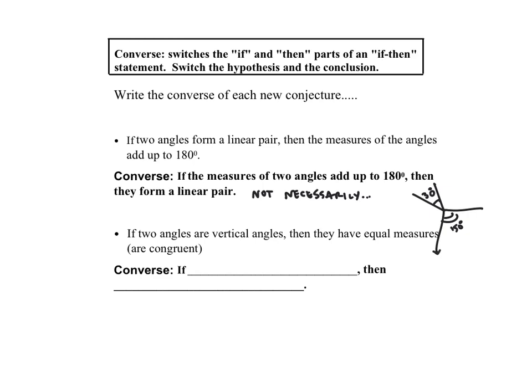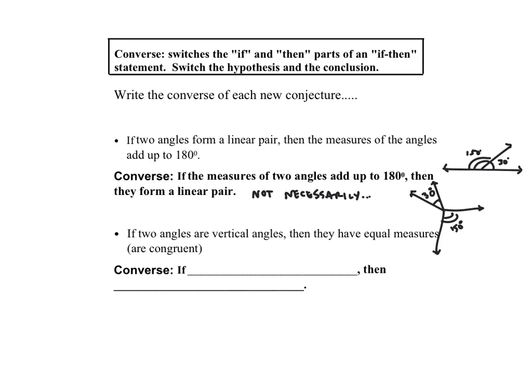Those two angles may be supplementary, but they don't form a linear pair because they don't align themselves like this. So yes, I could have a linear pair if the two angles add to 180. Okay, and they are supplementary regardless, but they have to be in that formation.